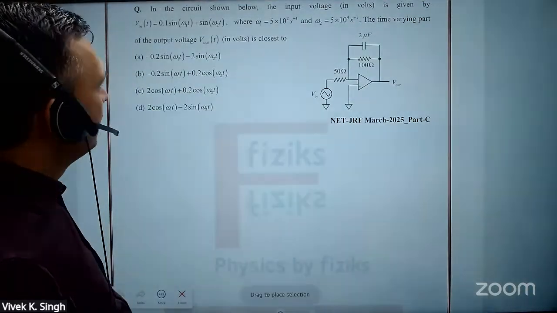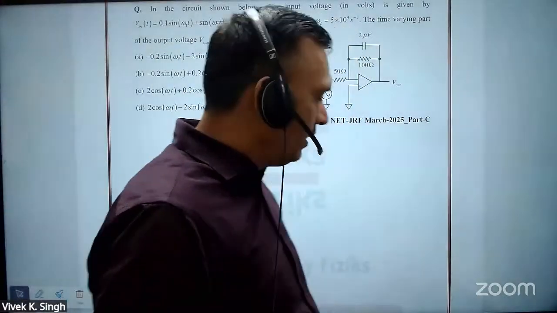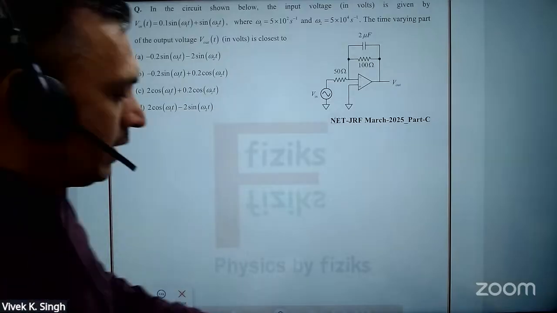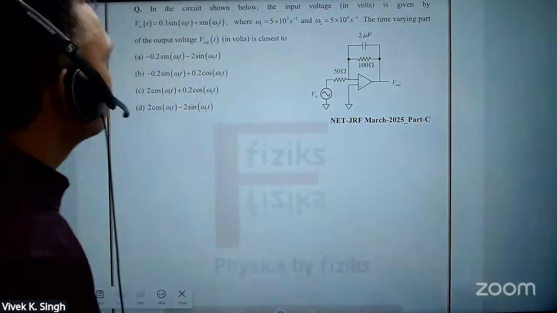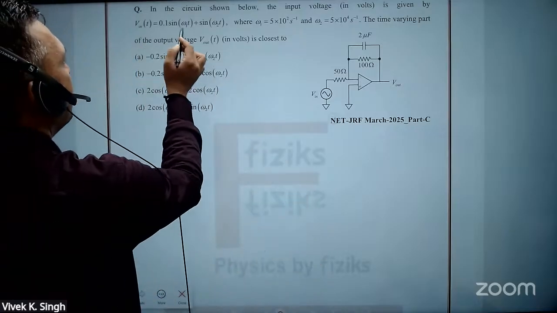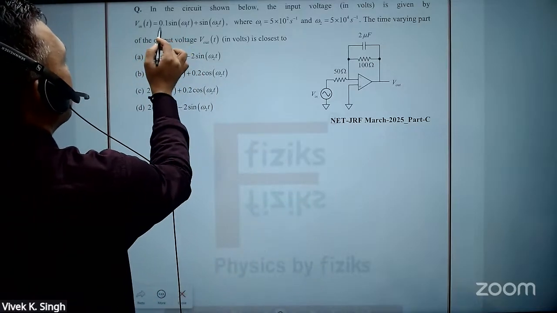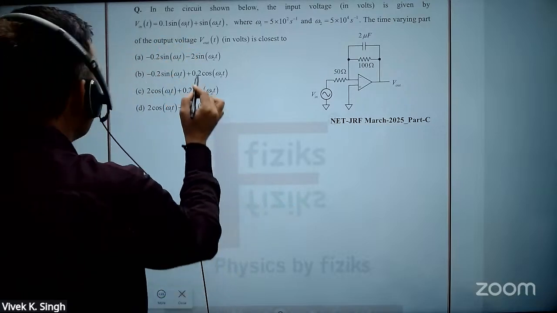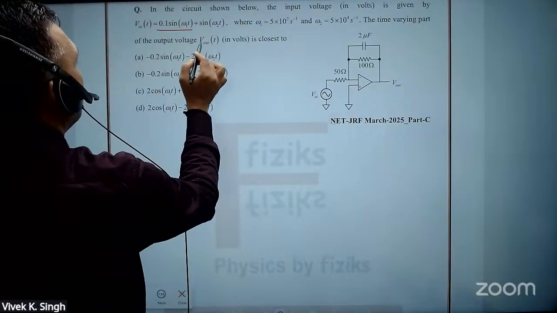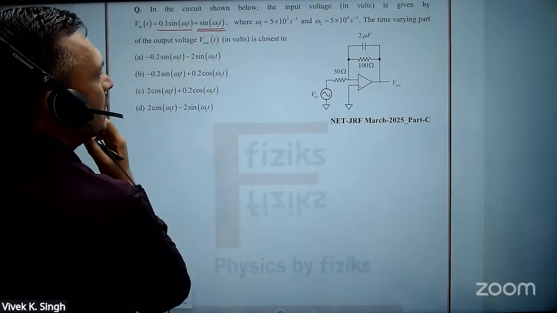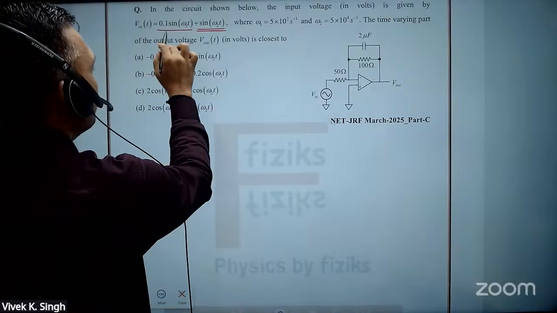Yes. Now see, in this question, they have given you a circuit here. In the circuit shown below, V1 is given as 0.1 sine omega t, and this is sine omega t, a superposition of these two.